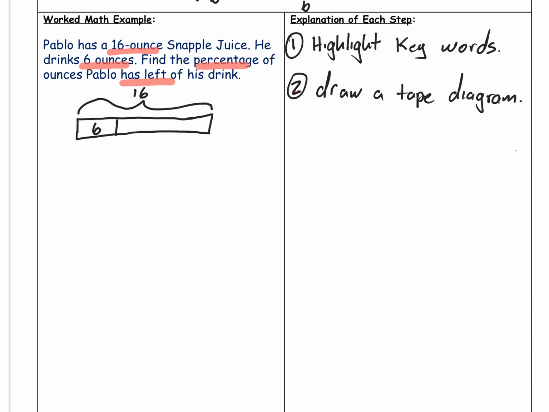So if he drank 6 ounces, how much do we have left? One number goes inside this part of the tape diagram. We know that it was 6 in total. He drank 6. So the number inside is going to be 10.